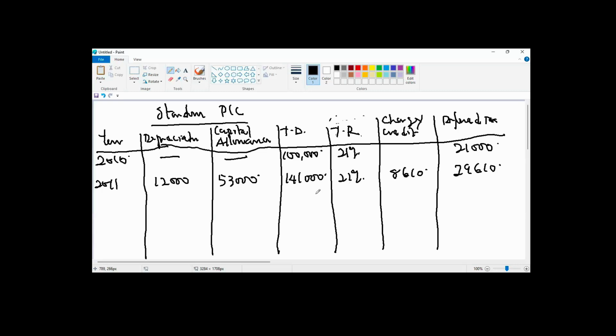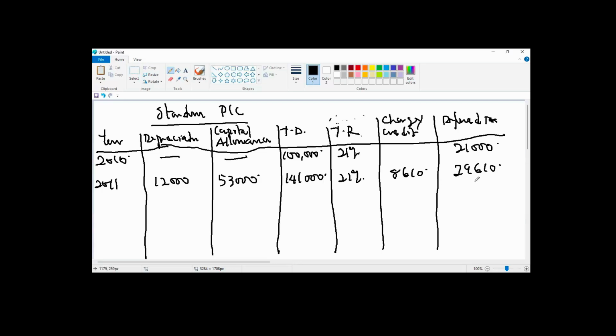Sorry, sir, how do you get that one from 1,000? What is the temporary difference? 53,000 minus 12,000. What is the temporary difference brought forward at the beginning of the year? 100,000. 41 plus 100. What is it going to give us? 141. 21% of 141 is 29,610.